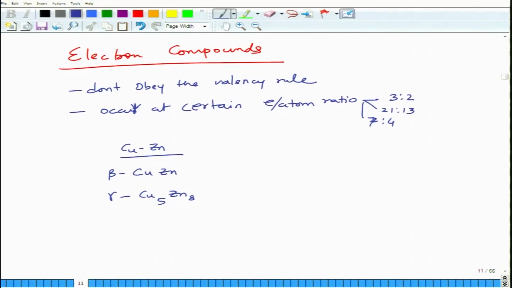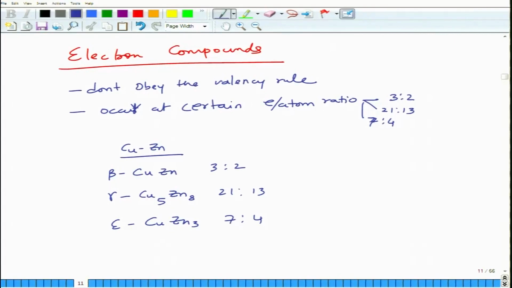So the electrons are 3, atoms are 2. Here 5 into 1, 8 into 2 will make it 21, atoms are 13. And the third one is epsilon CuZn3, which has 7:4. So this is 3:2, this is 21:13, and this is 7:4. These are called electron compounds.